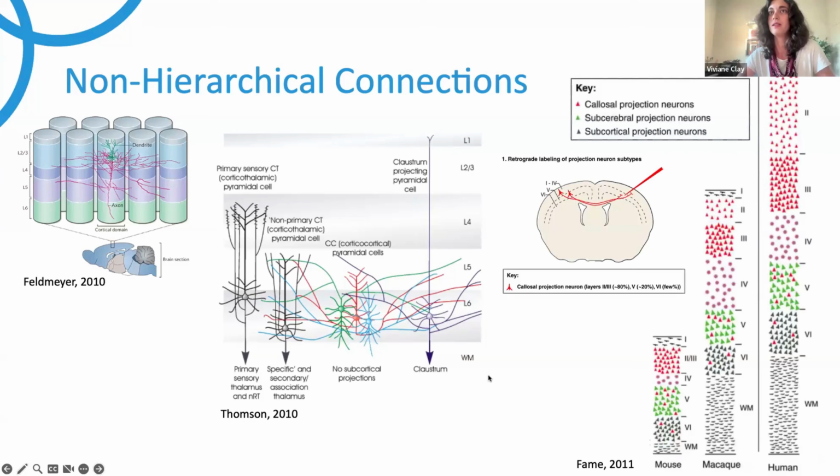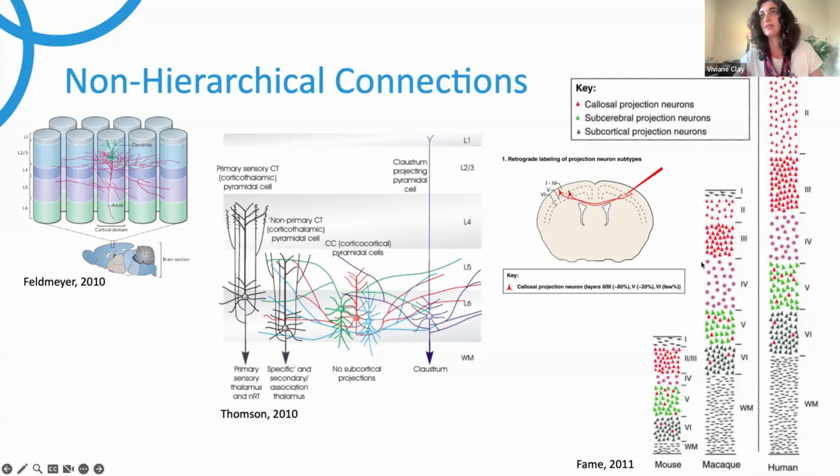And then here's an example of connections that go through the corpus callosum, where they essentially injected a dye over here, and then what this graph shows is that all of the red dots, or red neurons, are where they visualized these neurons after injecting the dye over here.